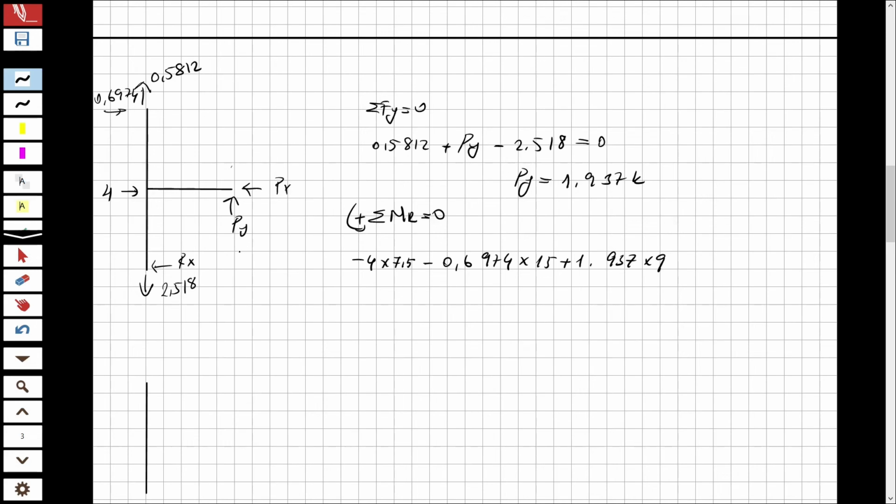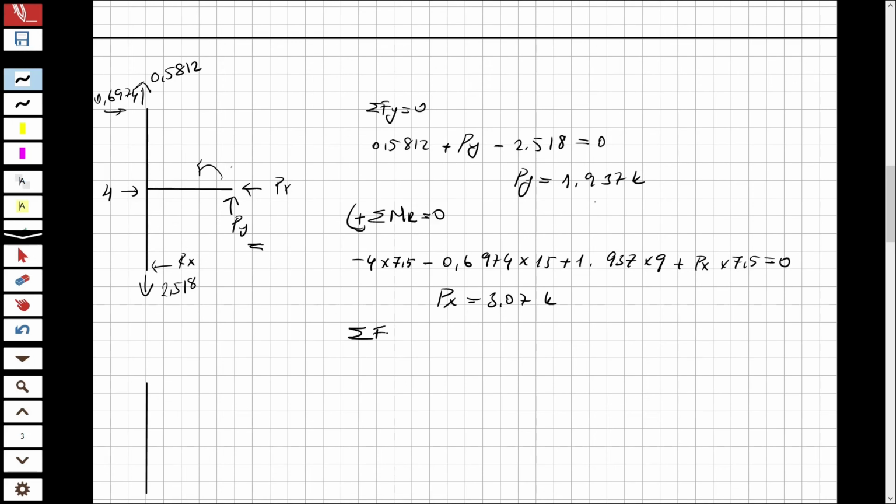This is because this is PY, here it's going to rotate in this direction. And also we are going to take plus PX. What is PX? We don't know, we are going to obtain it. Times 7.5 equal to 0. Now one unknown and one equation, so PX equal to 3.07 kips.